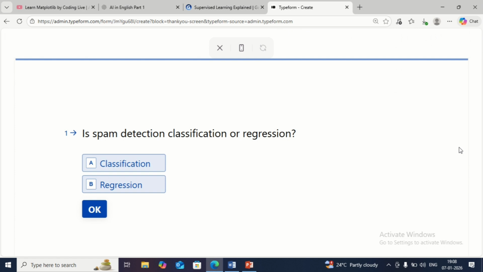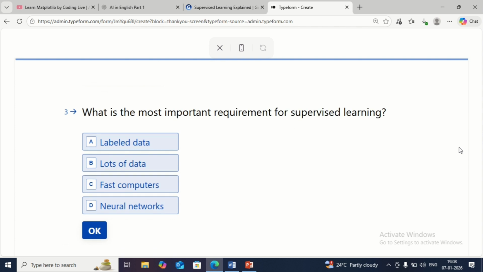Quiz. It's time for some quiz questions. So the first question is spam detection, classification or regression? Your options are classification and regression. This is the first question out of 5 questions. The second one is house price prediction, classification or regression? The options are classification and regression. Third, what is the most important requirement for supervised learning?